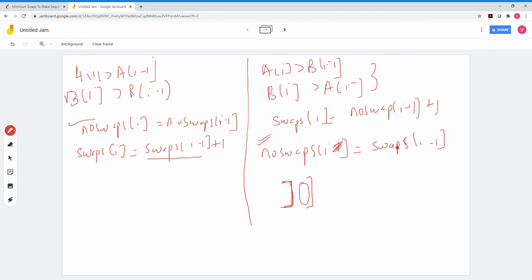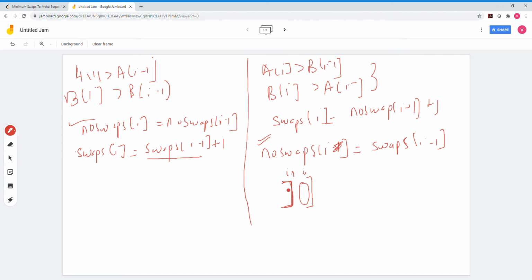I would take the effort to explain this again to you. So no swaps of i is basically such that you have to make the array increasing until here. If this is the ith index and this is the i minus 1 index, until here you have to make the array increasing such that there is no swap here. If you're not swapping here, you've got to swap here according to this condition. Only then will it become increasing until here.